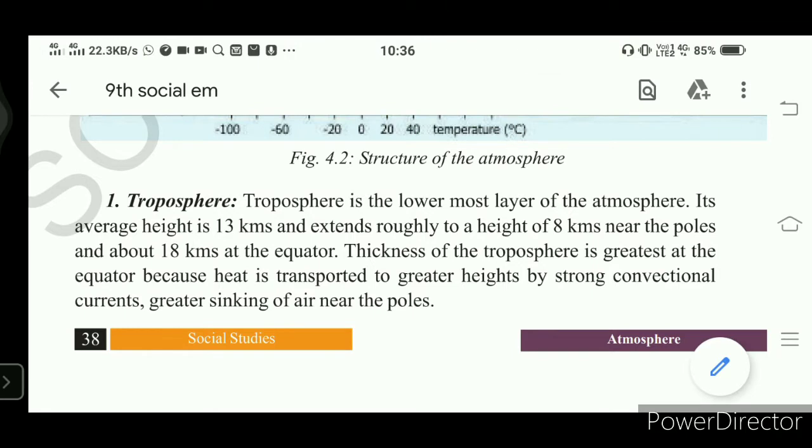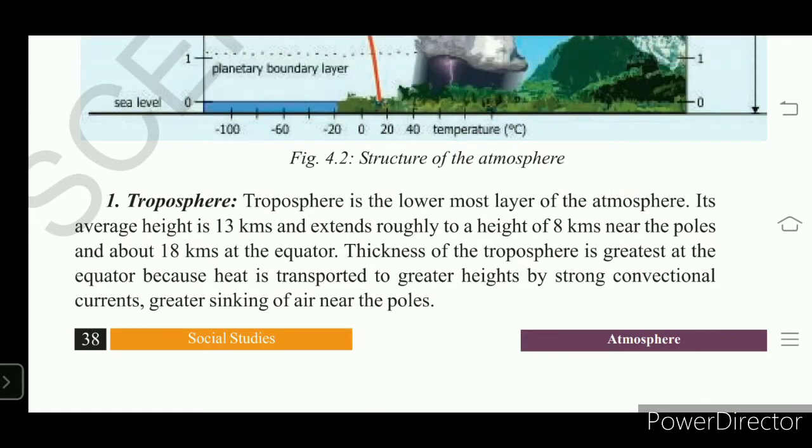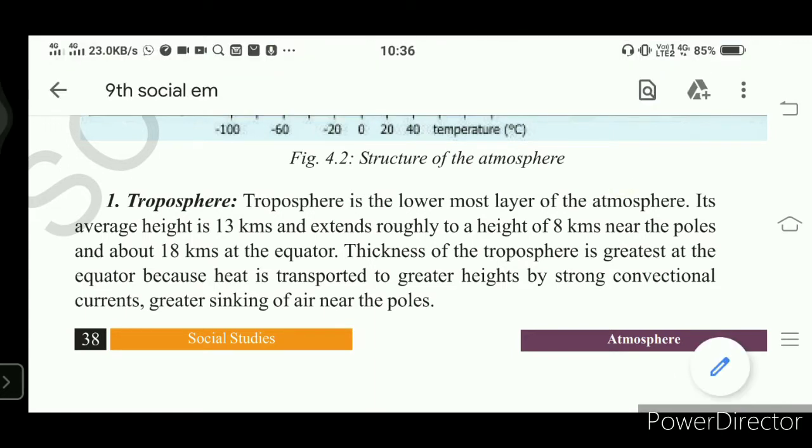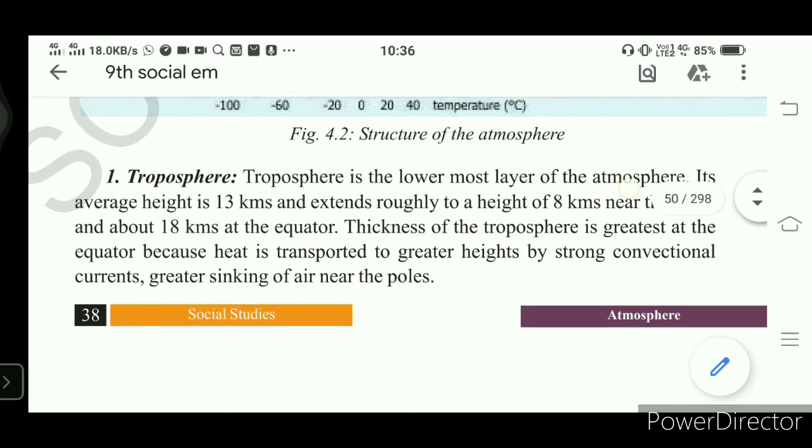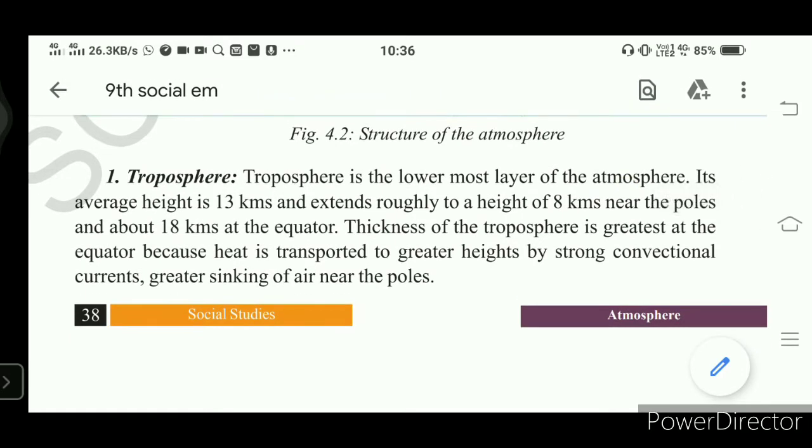Okay, and its height varies from 8 kilometers to 18 kilometers. At poles, it is 8 kilometers in height and at equator, 18 kilometers thickness. And the thickness of the troposphere is high at equator.